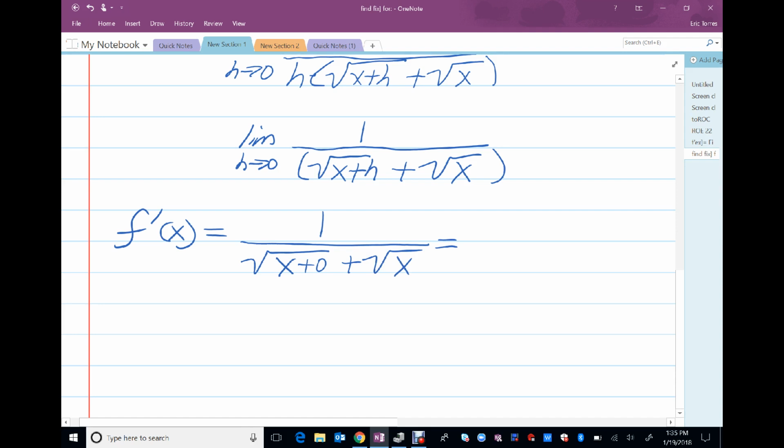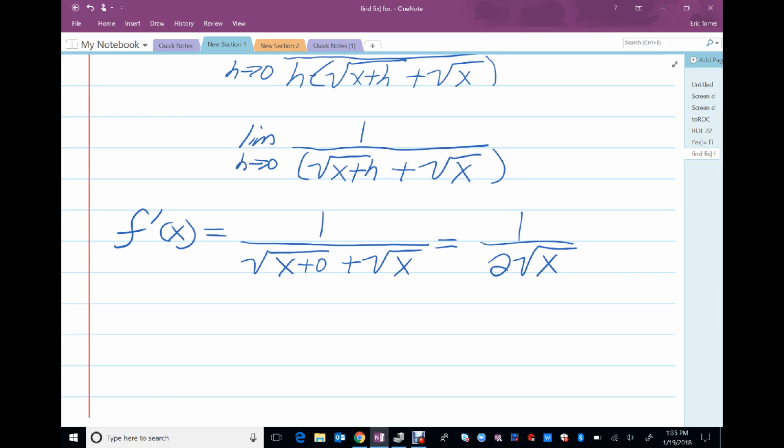So one object plus another object is two of those objects. And that is my final answer. So I was able to find the derivative of this function using the limit definition.